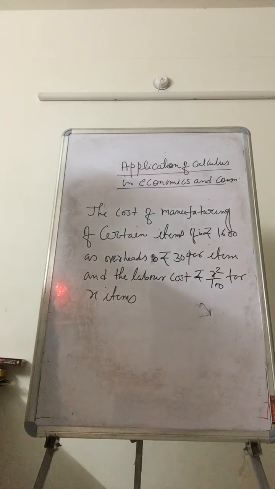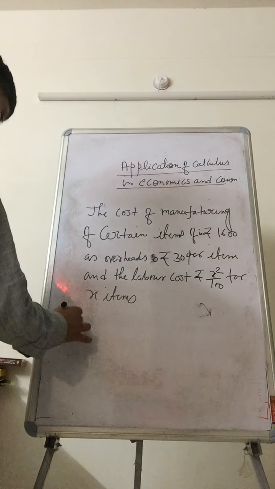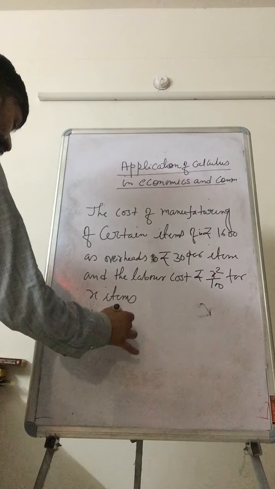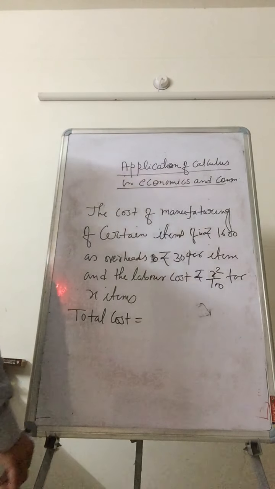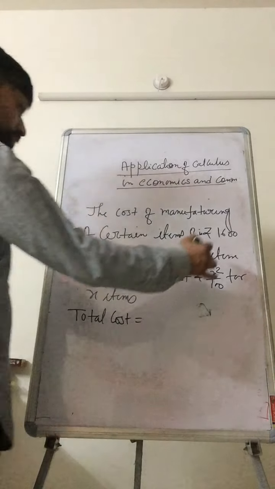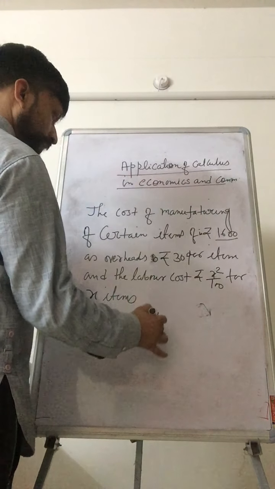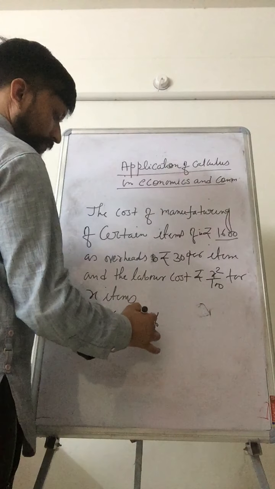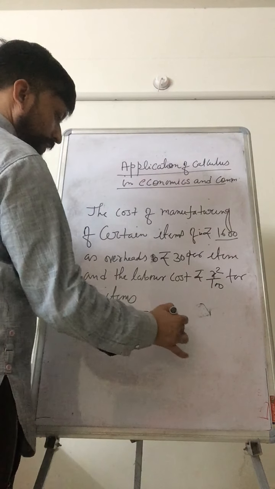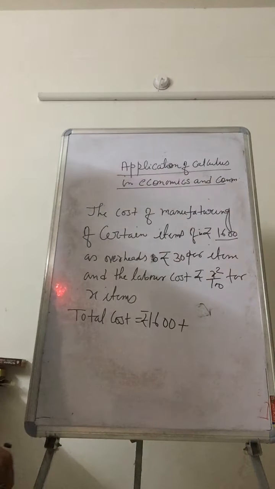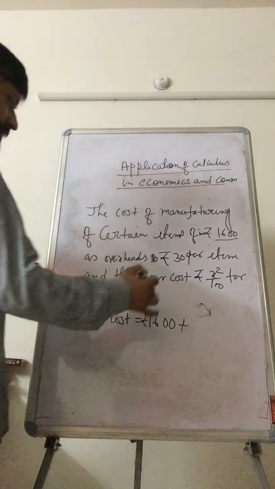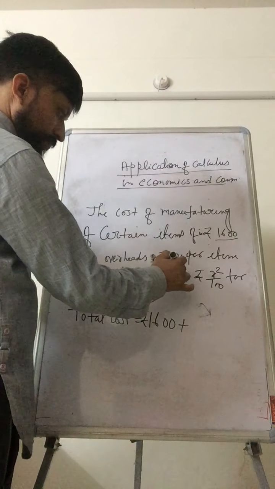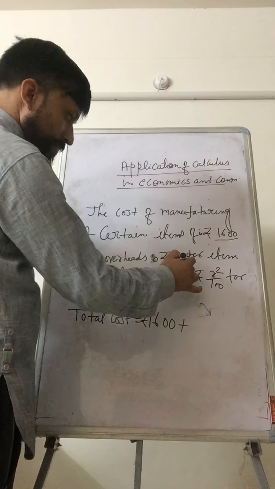So you know that total cost we will find first. Total cost will be your this: cost of certain items 1600 plus 30x. Why 30x? Because overhead expense on each item is 30 rupees.